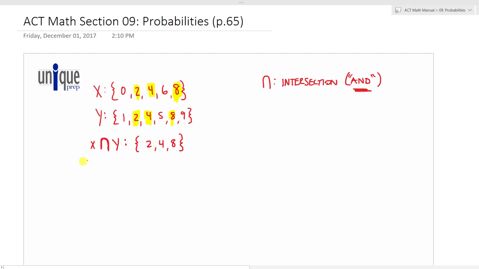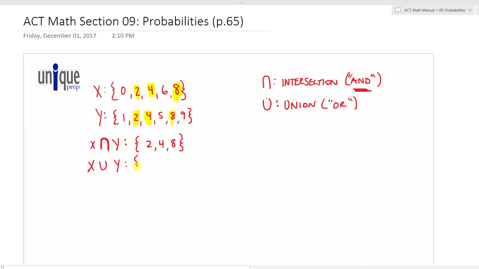Now, the other symbol we need to talk about here is this guy. This is the union symbol, equivalent to an OR statement. And if I want the union of x and y, x union y, then what I'm doing is I'm taking all of the elements from both sets. I'm no longer thinking about the intersection of the two sets. I'm thinking about everything from both sets.